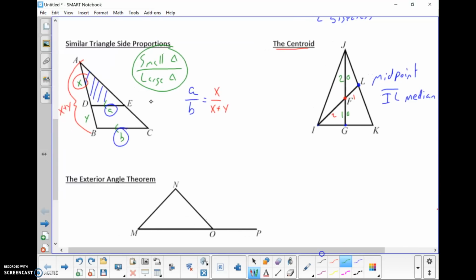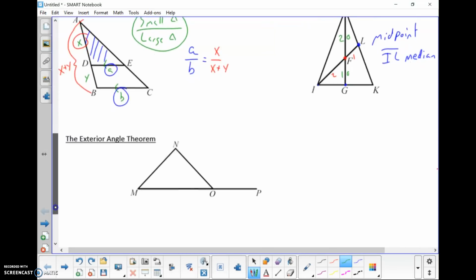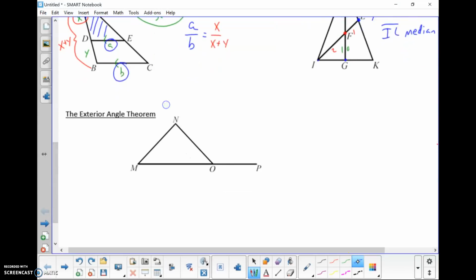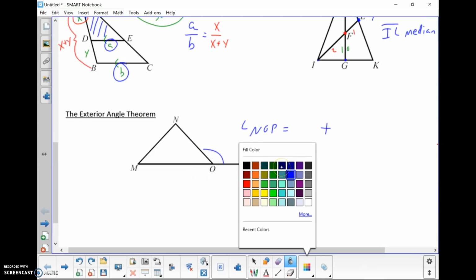And the last thing I wanted to cover real quick in this video was the exterior angle theorem. What that says is that the exterior angle of a triangle, like angle NOP, is equal to the sum of the two non-adjacent interior angles.